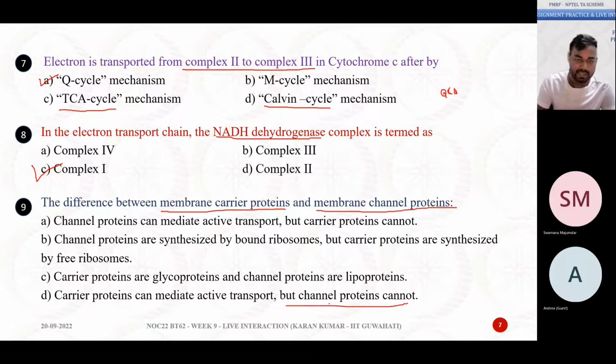So, any idea about the membrane carrier protein and membrane channel proteins? What is the correct statement? Any guess?